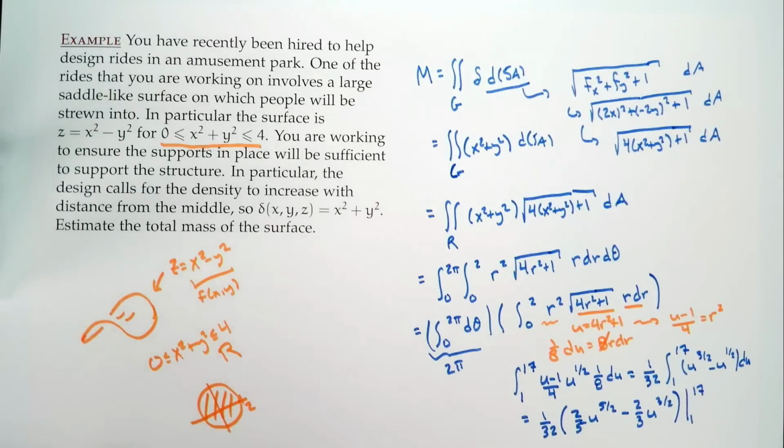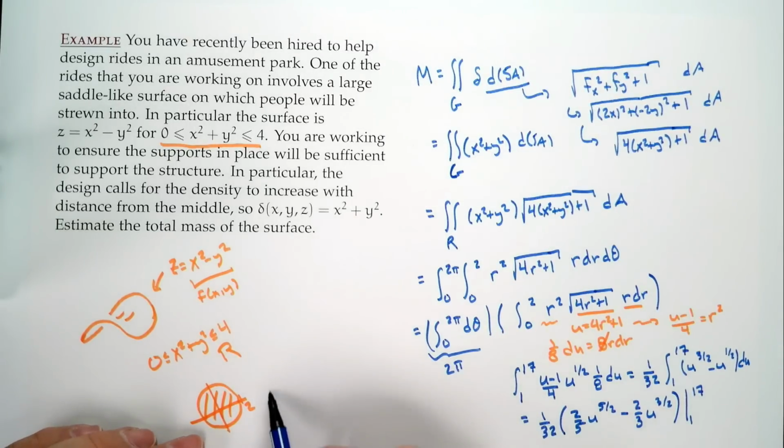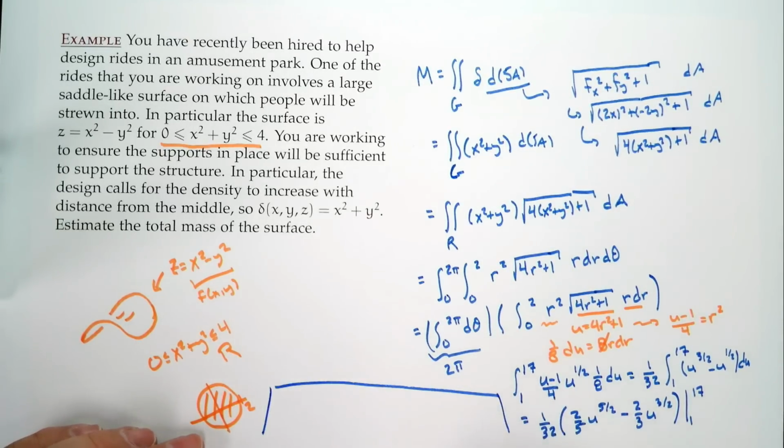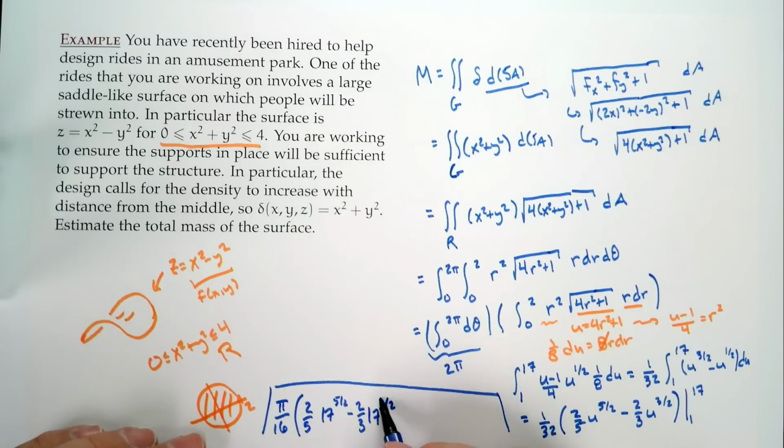Well, what do you do? Well, we put everything together. So our final answer, if we don't worry about simplifying, is we get a 2 pi. Then you have a 1 over 32. So that's pi over 16 times, plug in your 17. So that's 2/5, 17 to the 5/2 minus 2/3, 17 to the 3/2, and then subtract, plug in 1.